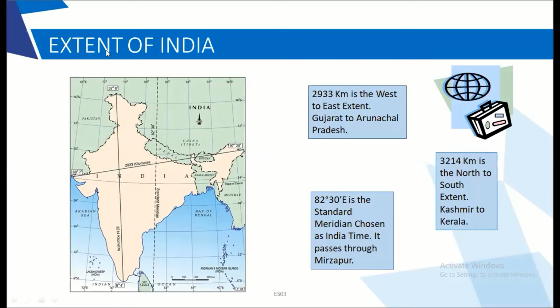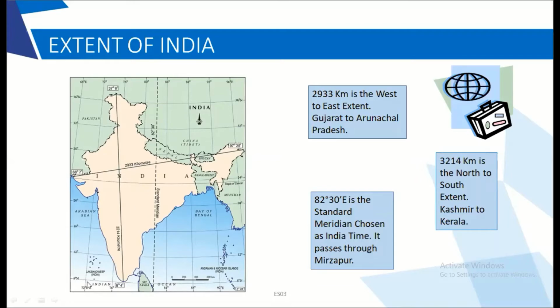From Jammu and Kashmir to Kanyakumari in the south, it is 3,240 kilometers. This makes us understand that there is hardly any difference between the width and the length of the country. The Tropic of Cancer almost passes through the center of India, dividing India into northern and southern parts.